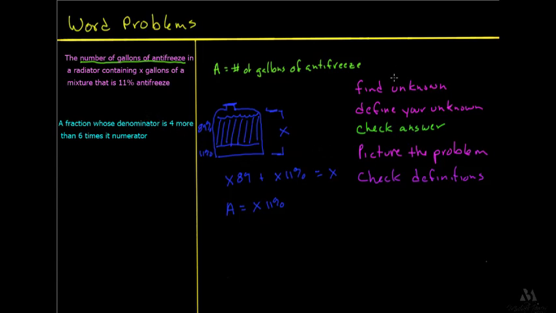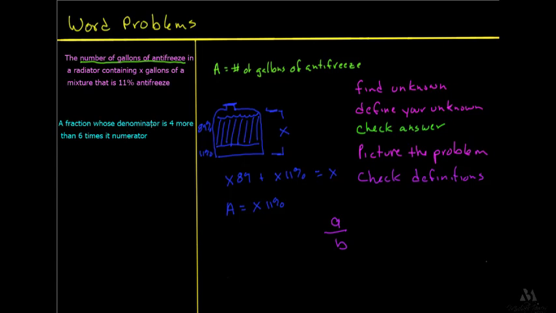So if we were to look down through here, let's find any unknowns. Well, we don't know exactly the number of the denominator or the numerator. Define your unknowns. Let's just do it like this. Let's just say that we're going to do A over B. Find a fraction whose denominator is 4 more than 6 times its numerator.